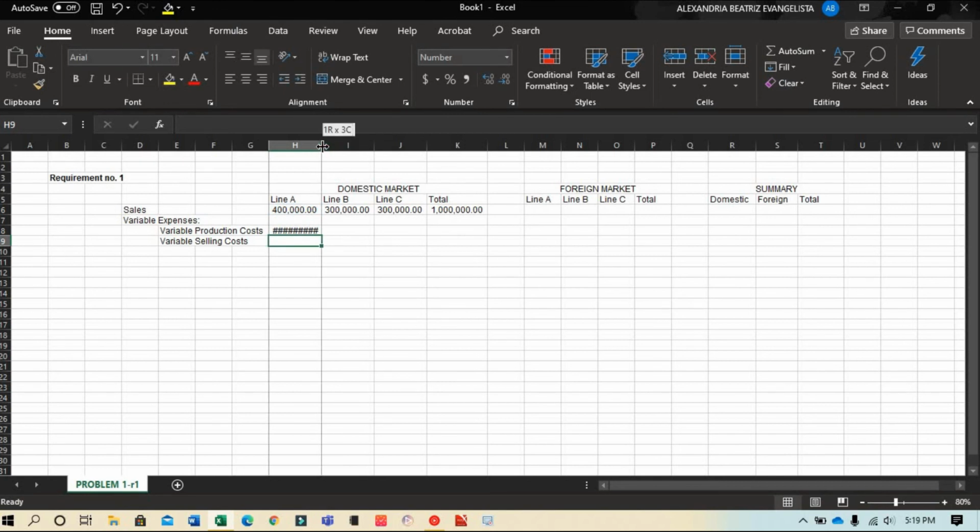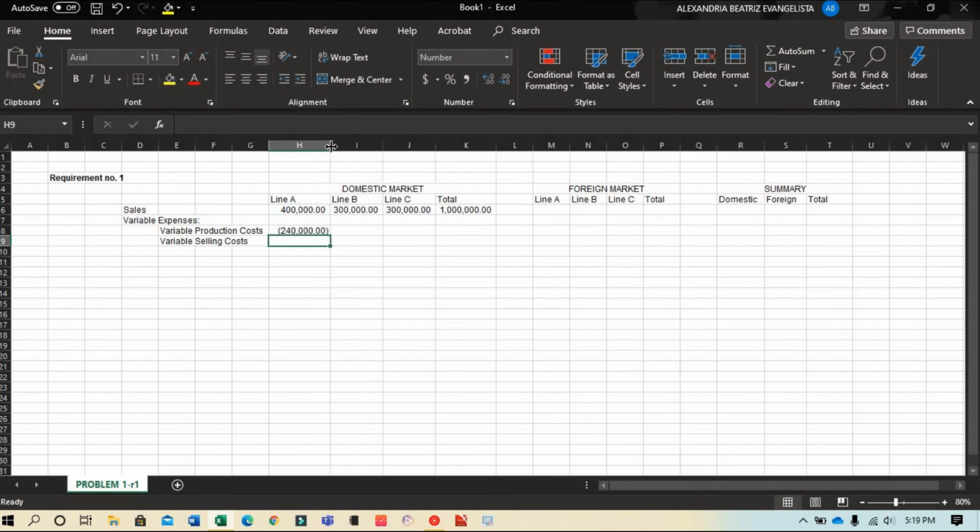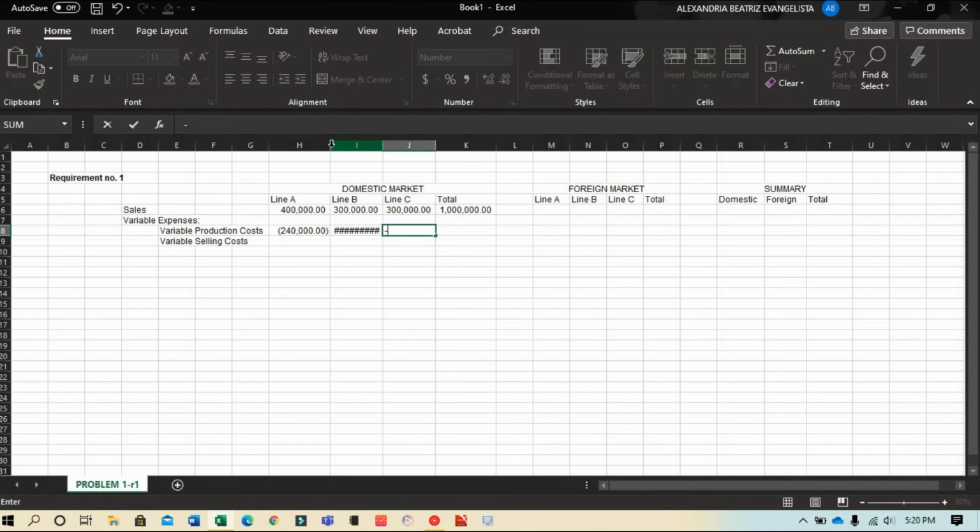Okay, there we go. And for line B, it is 70% of the sales, which is input 0.70. And then for line C, it is as well 60% of sales. So this one multiplied by 0.6.